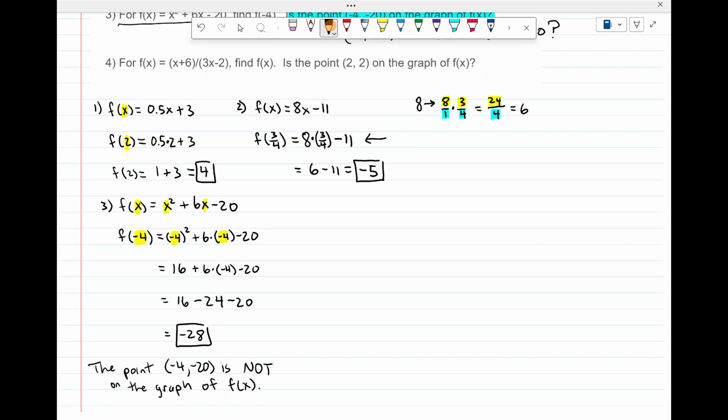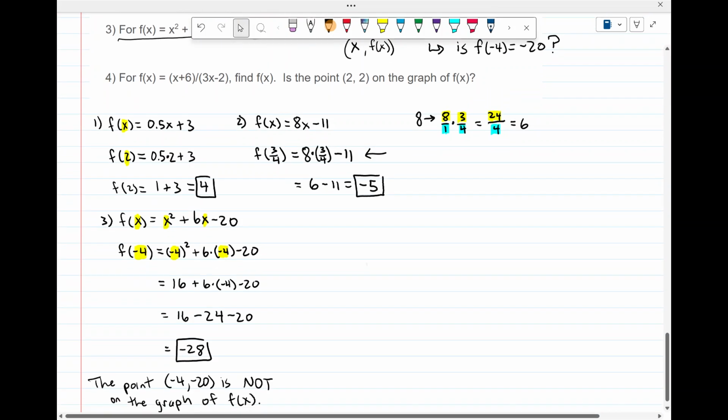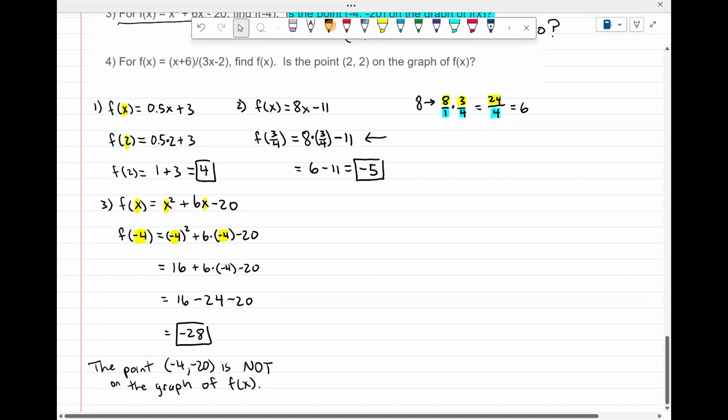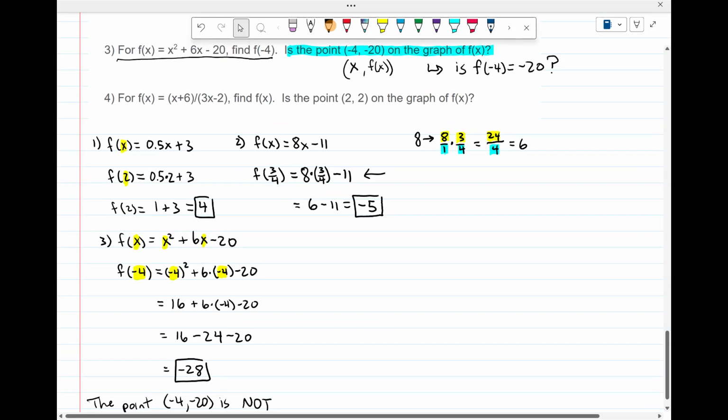And remember, for a point to be on the graph of a function, that means when I plug in the x value, that y value has to be the output of that function. And negative 20 is not the output of the function. When my input is negative 4, my output is negative 28, a different number.